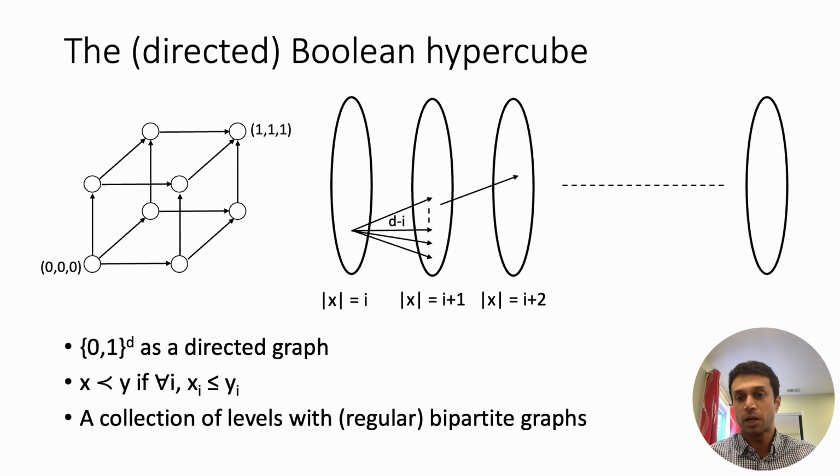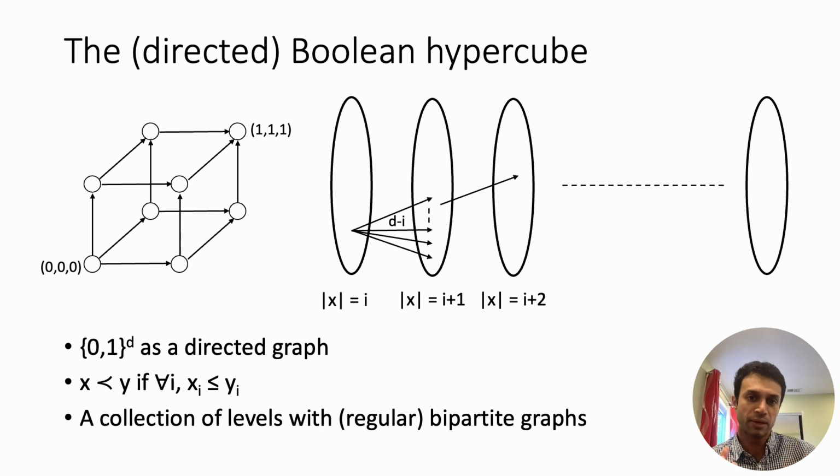Now, a very natural partial order that one can construct on the Boolean hypercube is just by containment, or the coordinate-wise partial order, and that's given by the curly less than. So x is less than y if for all coordinates i, x_i is less than or equal to y_i. You can also think of the Boolean hypercube as a collection of levels with regular bipartite graphs.